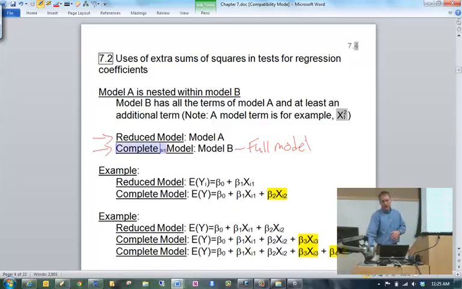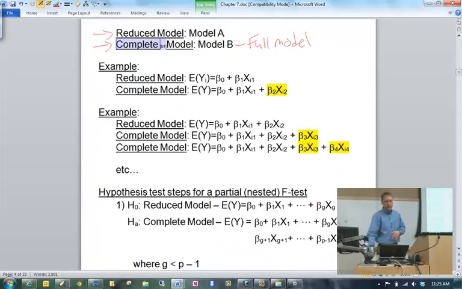So just some quick examples to make sure you're following the point here. A particular reduced model could include only x1 in it, and then a corresponding complete model includes x1, but also an additional term, x2.